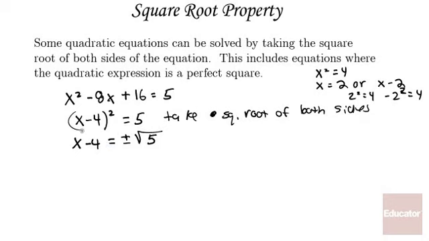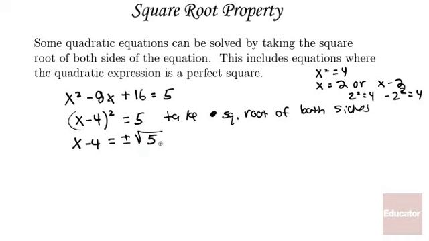On the left, I'm taking the square root, and on the right, I'm taking the square root of a number, and it could be both the positive square root of 5 or the negative. I can't simplify that any further, and since this is an irrational number, I can't get an exact value.